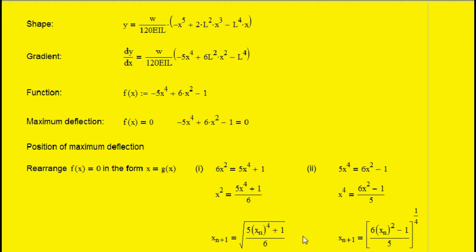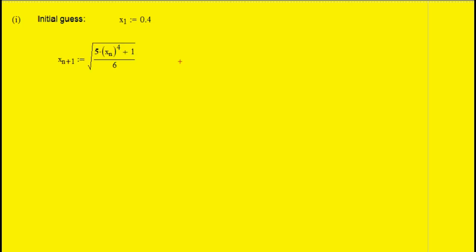In both cases, on the right-hand side, we use the value of x at the nth iteration to give us the next n plus 1th value. And of course we have to start with an initial guess for n equals 1. Let's try this for our first rearrangement with an initial guess of x1 equals 0.4. Plugging this into the right-hand side here, we get x2 is 0.434.